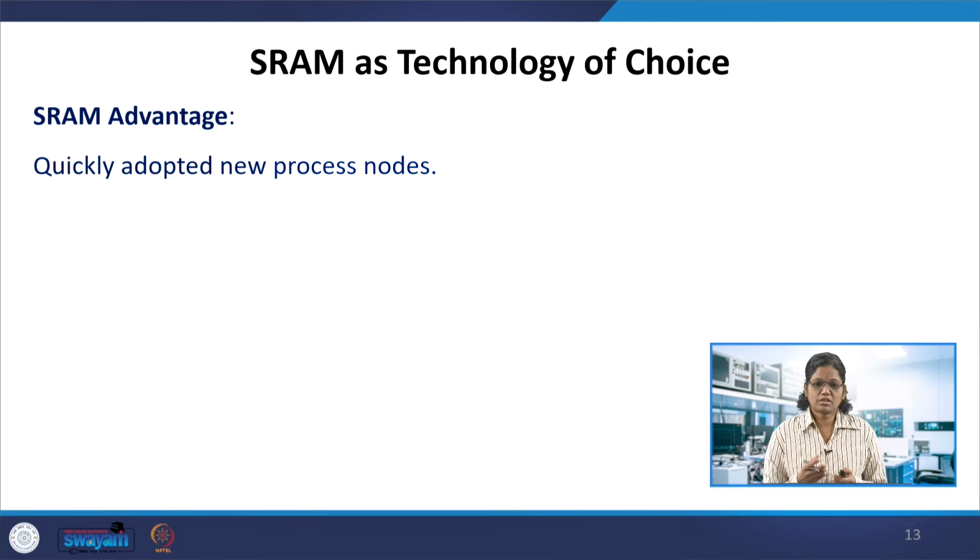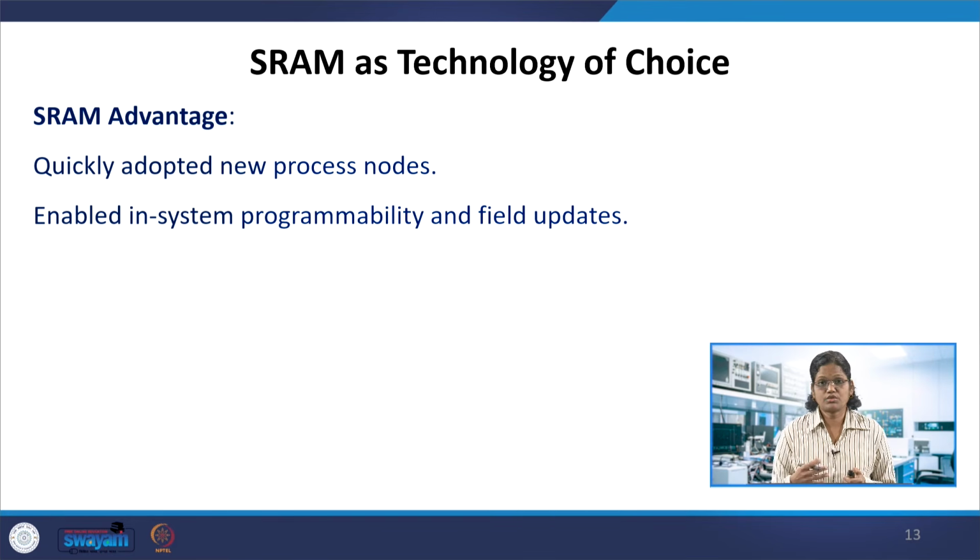When Moore's law pressurized process technology, switching to the next process node was the only choice for the FPGA vendors. So SRAMs were quickly adapted to the new process nodes, whereas anti-fuse had the problem that it was not adapting to the new process nodes.